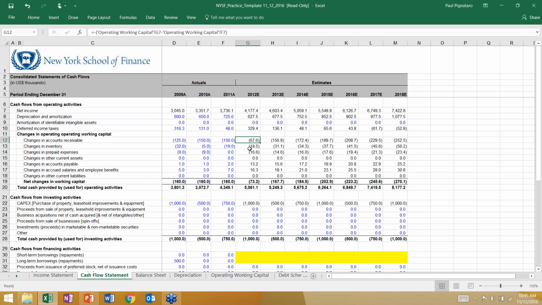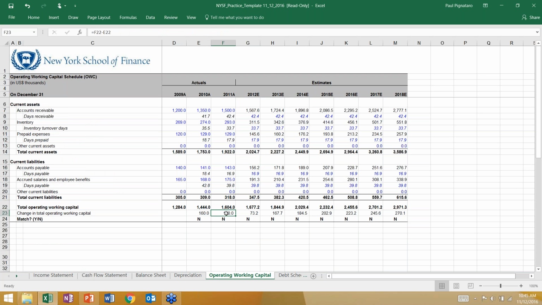Because the idea of subtracting backwards is something that a lot of analysts overlook. Or maybe you subtract backwards and then you copy this down, or you do something wrong. The match ensures that that's functional. It's checking for change in total operating working capital and making sure they match, because change in total operating working capital is being calculated in two different ways. Here, we're taking the total working capital and subtracting the total.